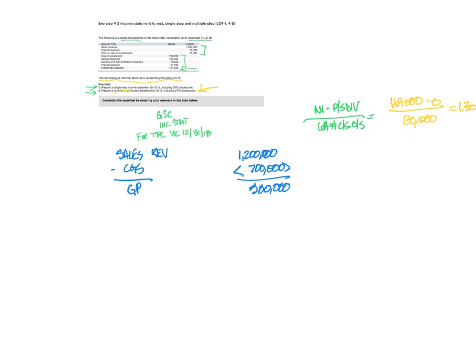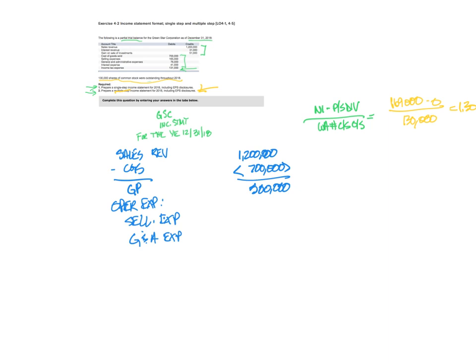We'll next take out operating expenses. Our operating expenses that were provided are selling, and then we also have general and administrative. Often these are grouped together. Sometimes you might hear them referred to as SG&A, selling, general, and administrative expenses.